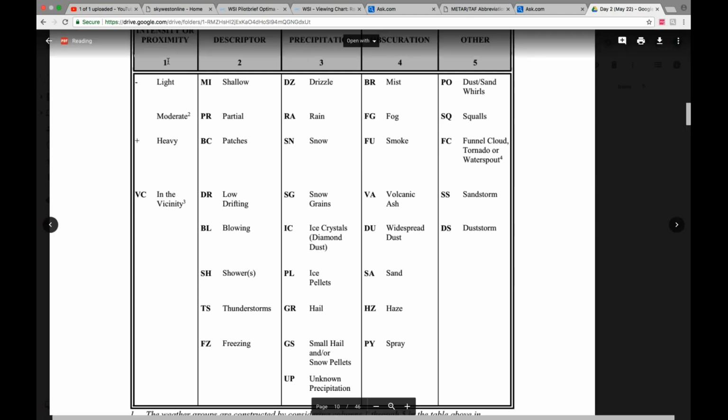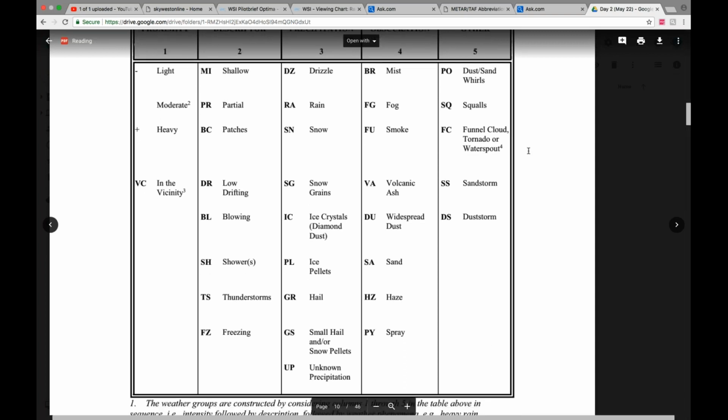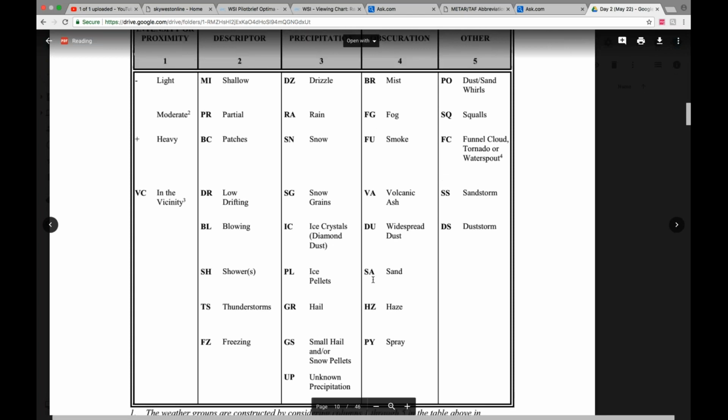This is pretty much what you need to know. The cloud layers are easy to read. The visibility is easy to read. The time's easy to read. The wind's easy to read. This stuff, you just have to commit to memory. So I strongly, strongly recommend you commit this chart to memory. Okay.